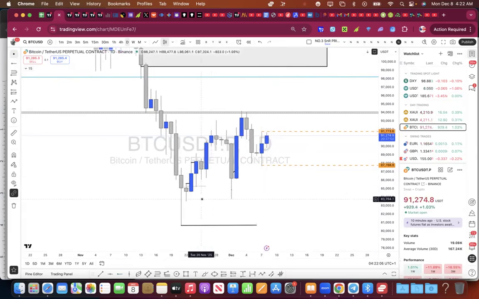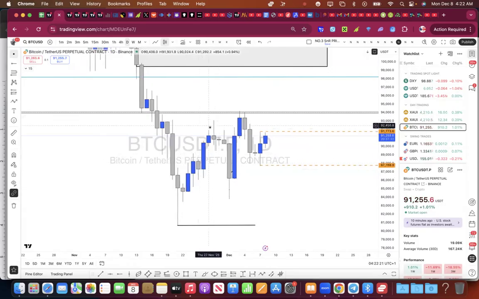So now looking at the structure, Bitcoin, so we have a major low.